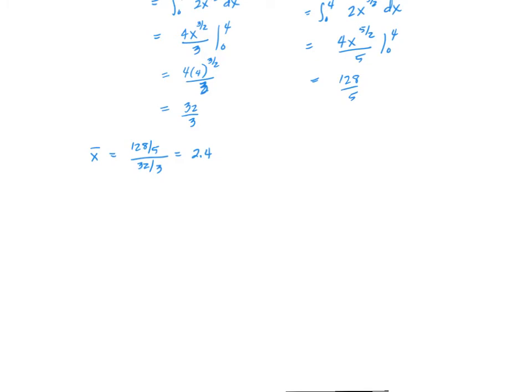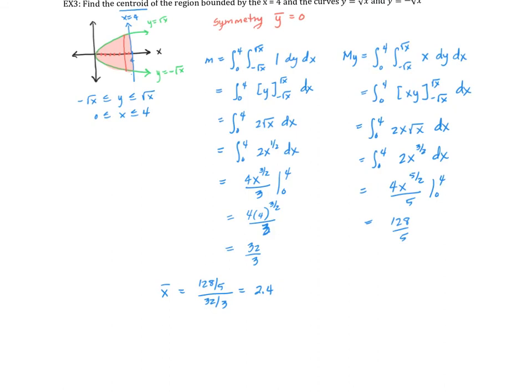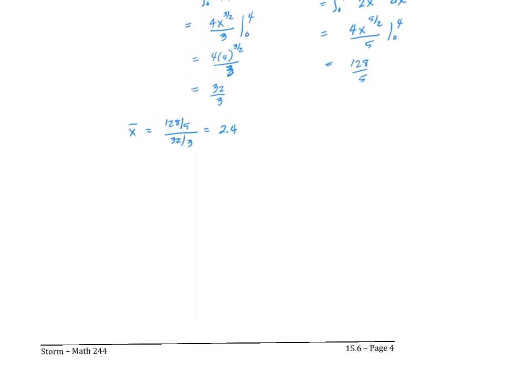That actually makes sense, because as I go from 0 to 4 on the x-axis, notice that this object gets larger, so it makes sense that the point of balance should be closer to 4 and further away from 0. So 2.4 seems like a reasonable centroid. And then finally that would be a point, right? So I have to write it as the ordered pair.